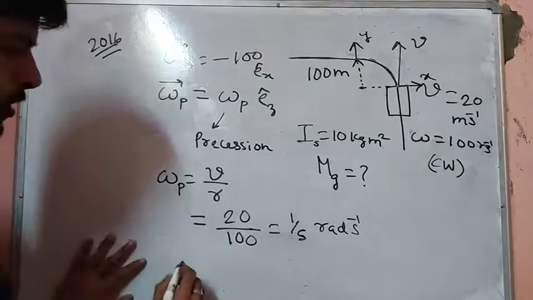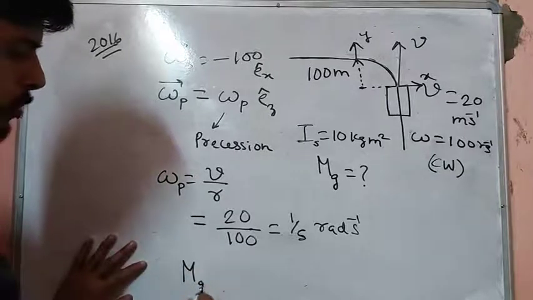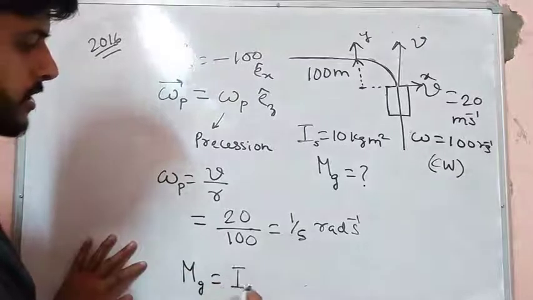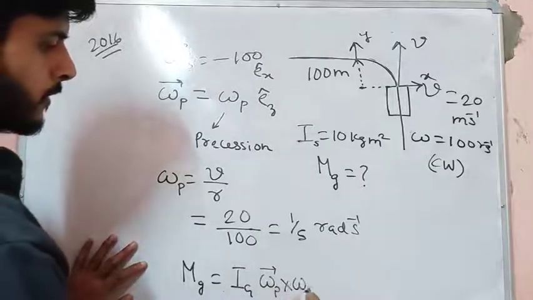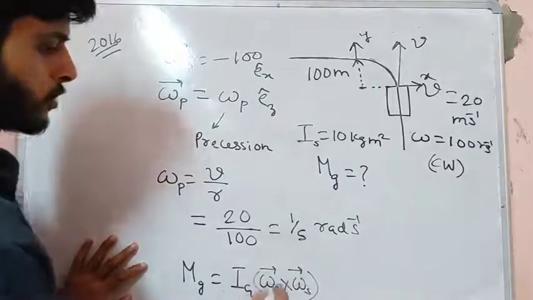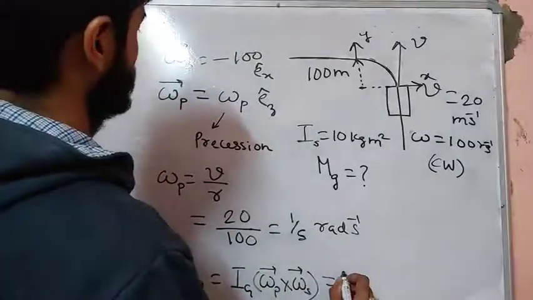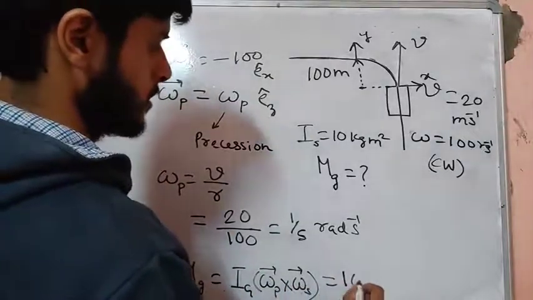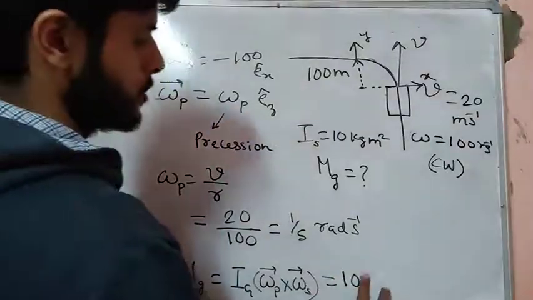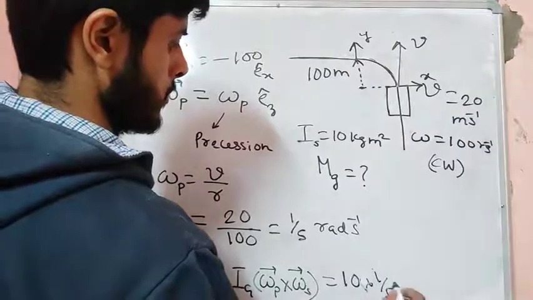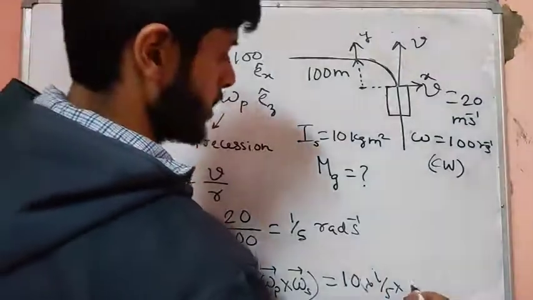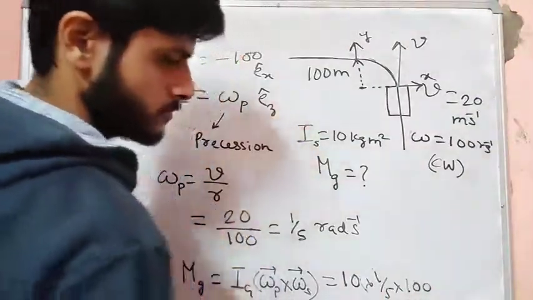So the gyroscopic torque is Ig omega p vector cross omega, and from this we can find the direction also. Ig is 10, multiplied with 1 by 5, multiplied with 100.